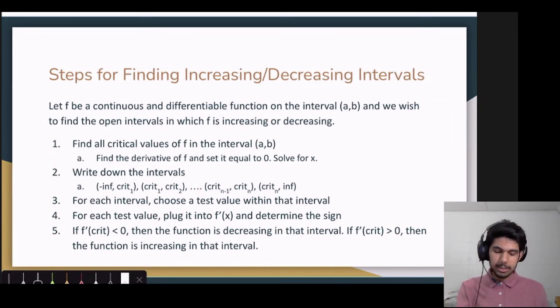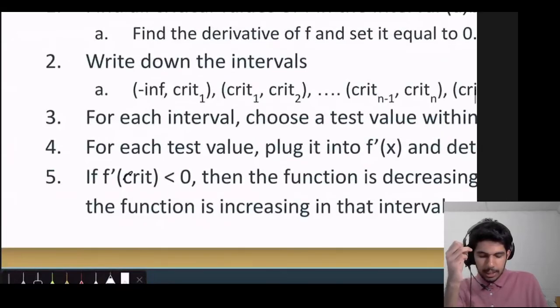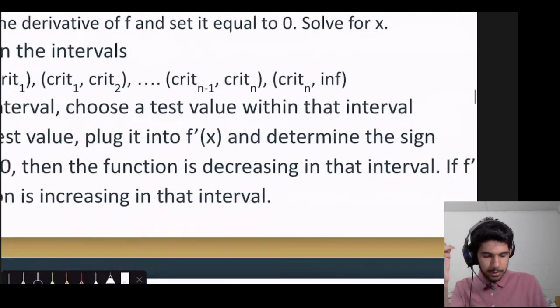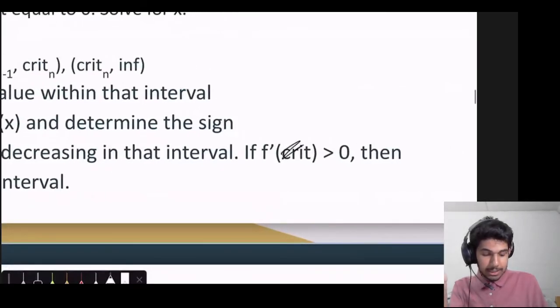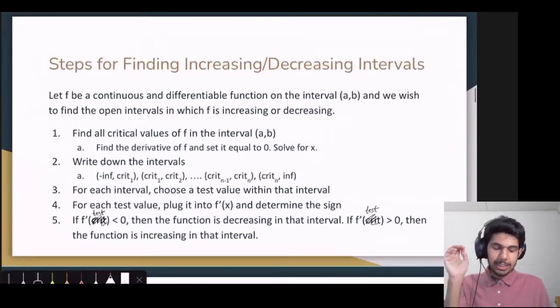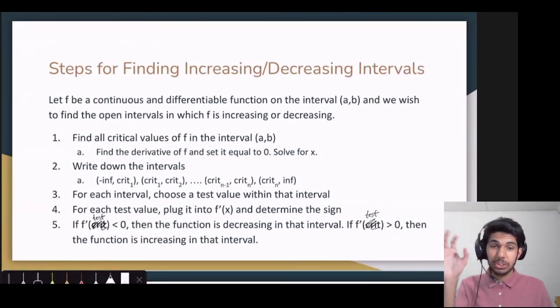And if it's greater than 0, then it's increasing. And this is bad notation. It's not f prime of the critical value, it's f prime of the test value, because we're testing a test point. So yeah, those are the steps written out for you. If you follow these, you'll be golden. So let's move onwards.